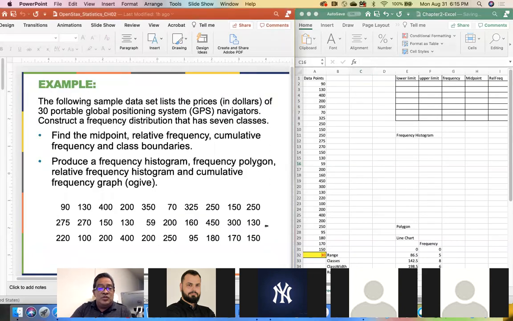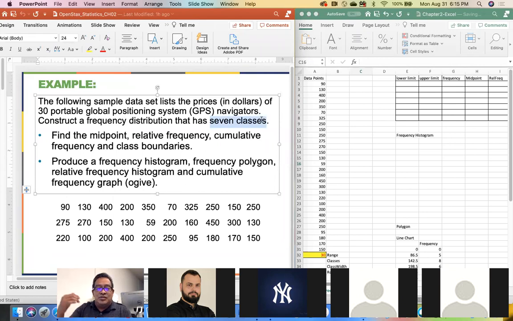This is the example, and I took it from a textbook different from the one that we have. The following data set lists the price in dollars of 30 portable GPS navigators. Construct a frequency distribution that has 7 classes. So I know that based on this, I'm going to create 7 classes.